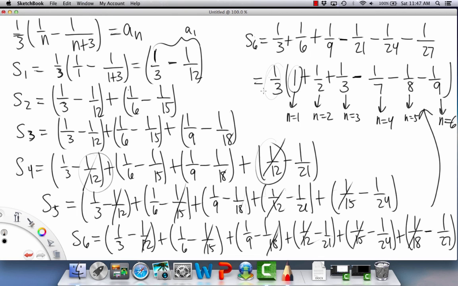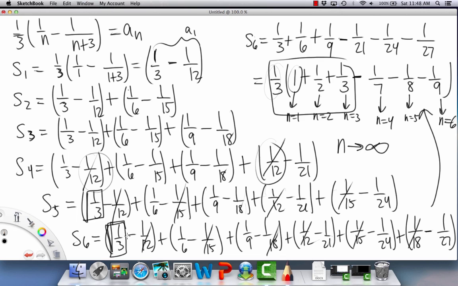And then this 1 over 3, that's kind of just a constant in front. So the whole concept behind this is we're finding the sum of the infinite series, so as n goes to infinity. So these 3 terms in front, I'll highlight them down here.